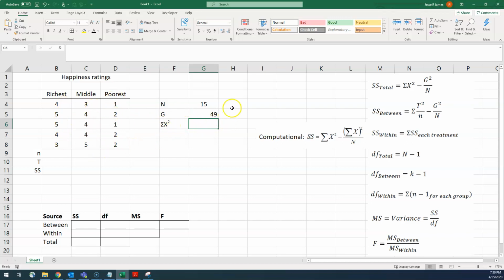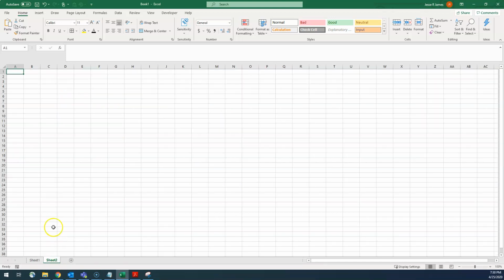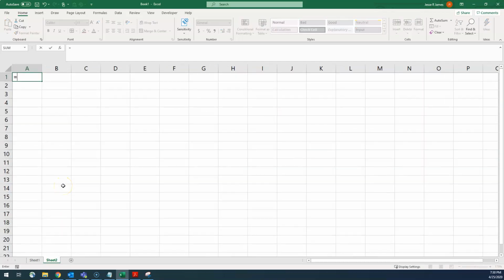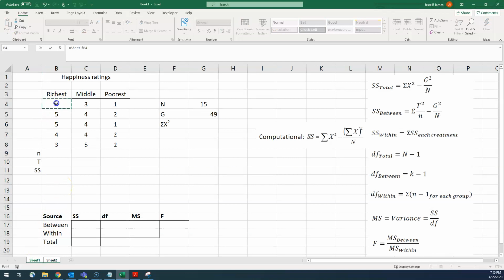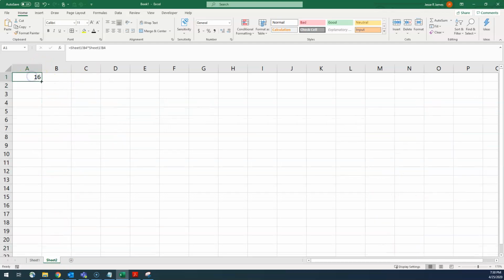In order to do that, I'm going to open up a new sheet here so I don't confuse us. I'm going to make this equal to this value times itself, and push enter. Then I'm just going to repeat this for each of the 3 columns and carry it down for each of the 5 scores.